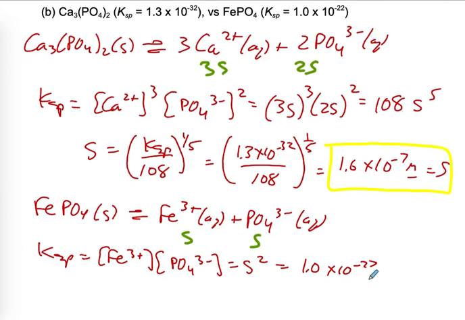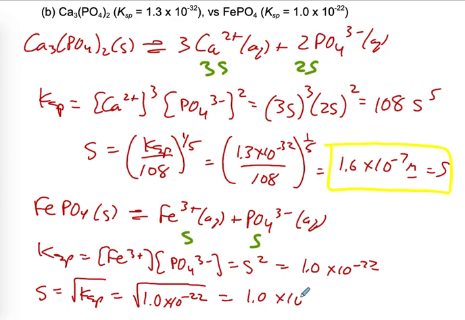So to solve for the solubility, S is simply equal to the square root of KSP, or the square root of 1.0 times 10 to the negative 22nd, or 1.0 times 10 to the negative 11th molar as my solubility, which is about 10,000 times smaller than the solubility of calcium phosphate. So we conclude that iron(III) phosphate is the less soluble salt.